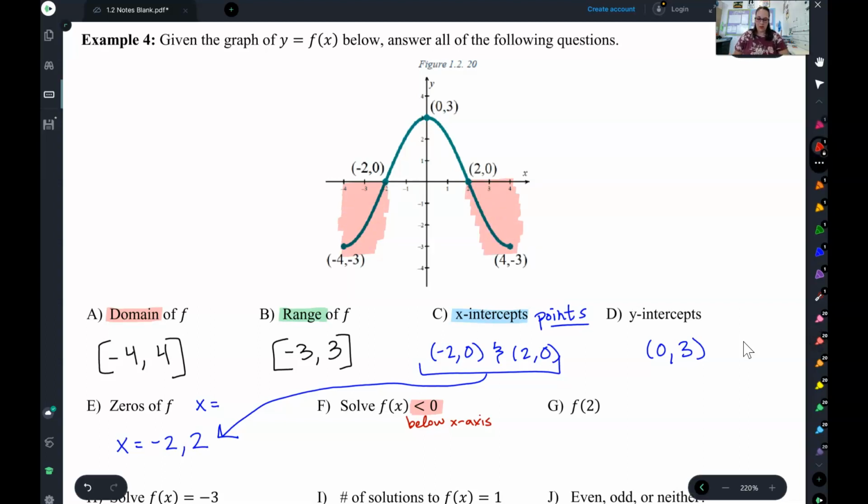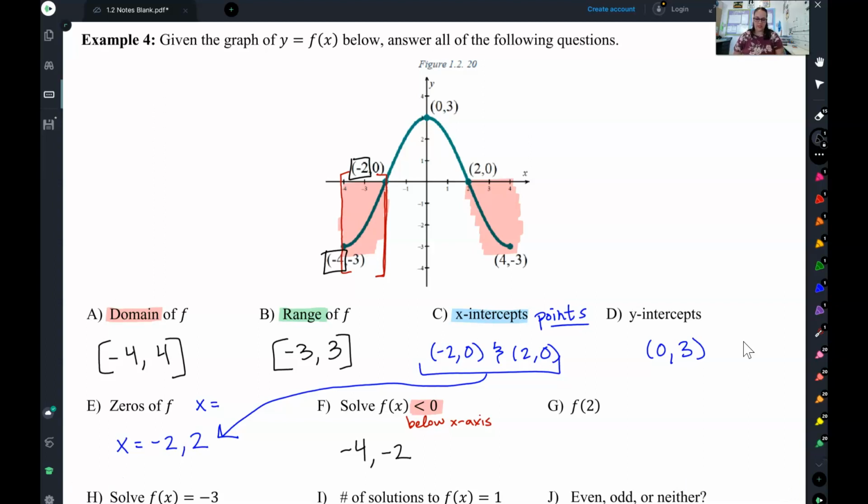So I can say this interval is below the x-axis from x equals -4 to, once again, I'm doing the x values just like I did with increasing and decreasing, to x equals -2. So it is below the x-axis from this point to this point. And I'm listing the x values.